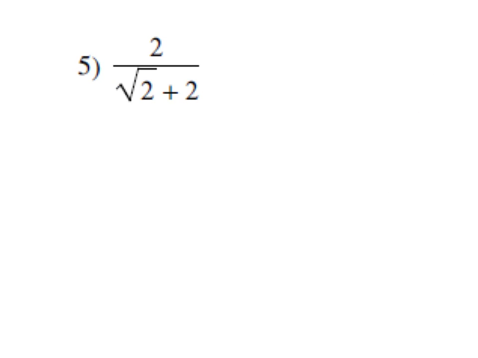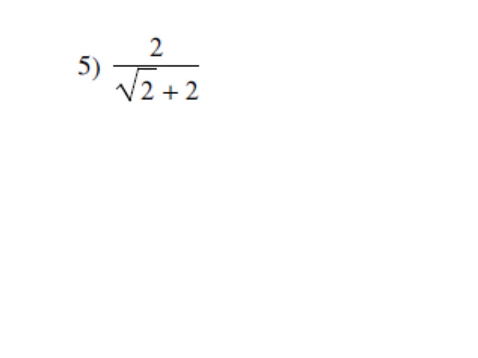Okay, for problem number 5, you'll notice that we also have a radical in the denominator. However, it's got a +2 with it. So because our radical root 2 plus our number 2 is combined, we have to count that as one term. We cannot just rationalize the denominator here with the root 2.